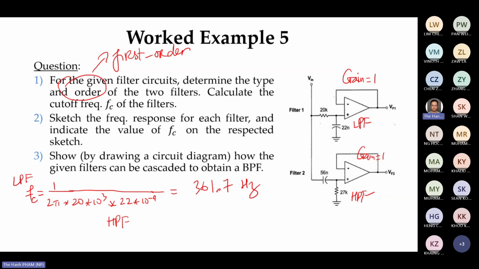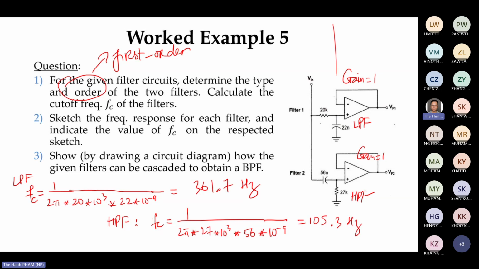For the high-pass filter, the cutoff frequency is 1 over 2 pi times 27k and 56 times 10 to the minus 9.